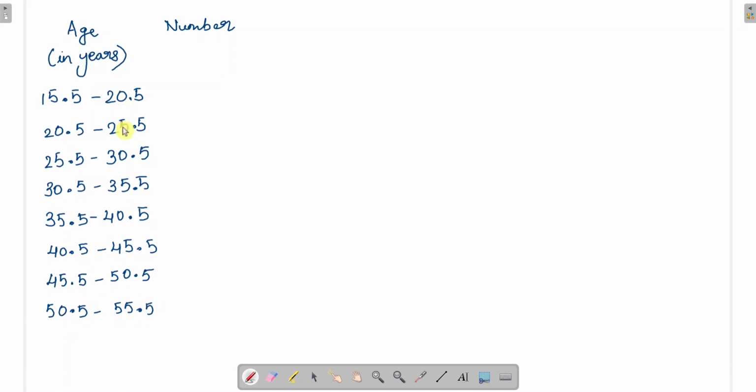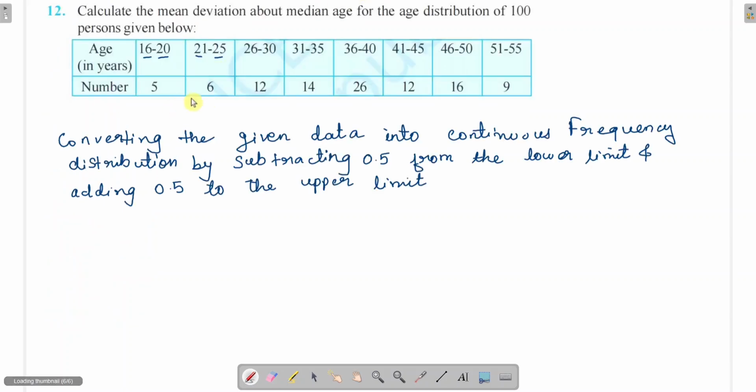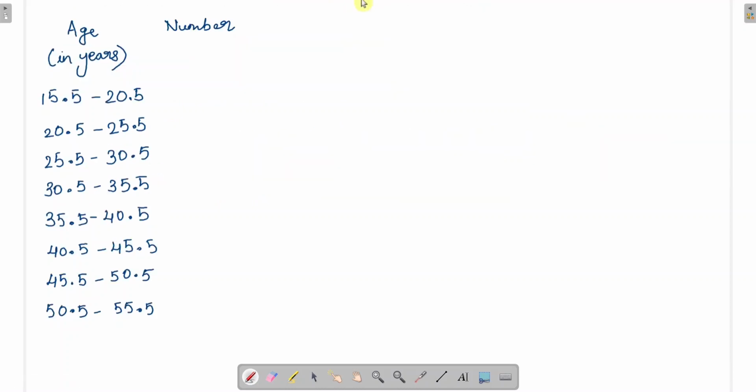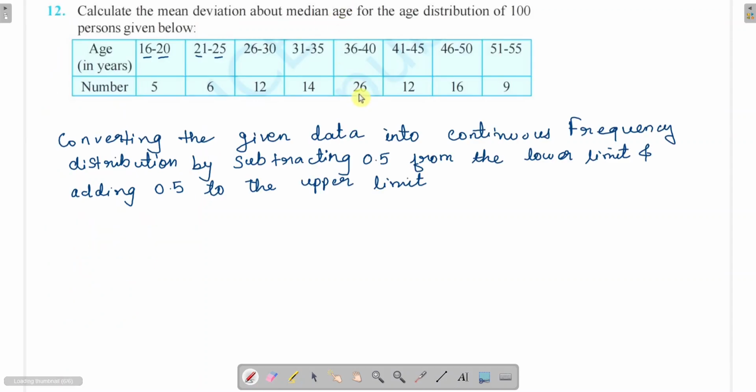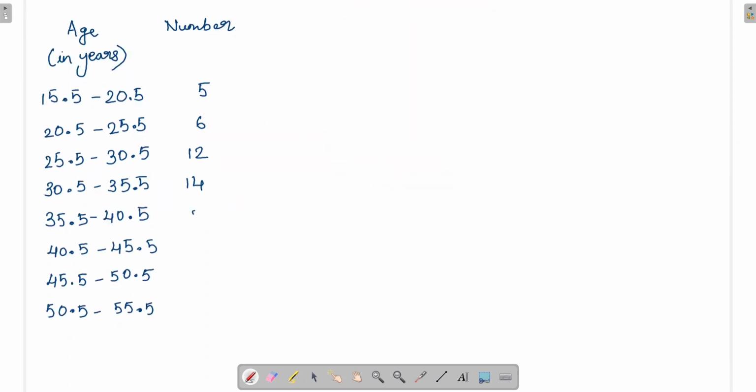Okay, there are 1 2 3 4 5 6 7 8 items. Now number will be 5 6 12 14, 26 12 16 9. Okay, so this is our fi.